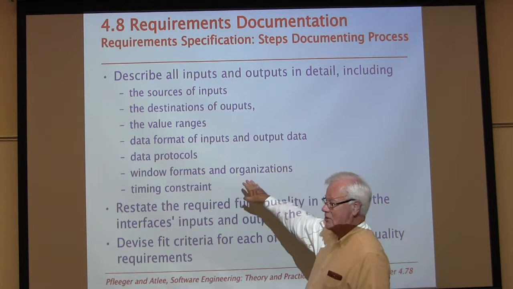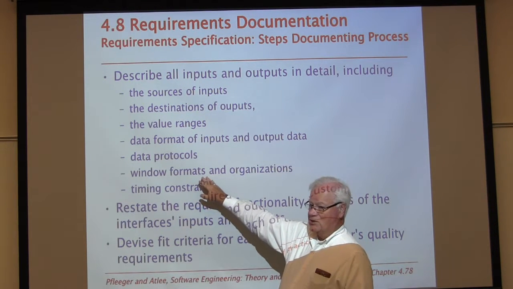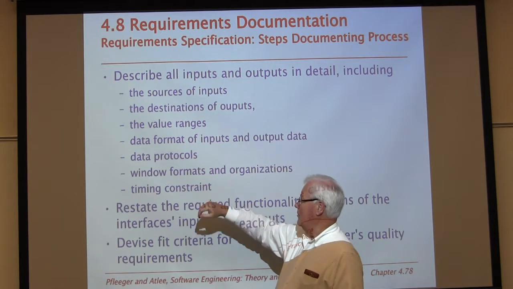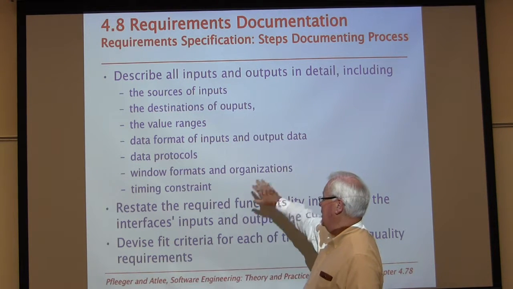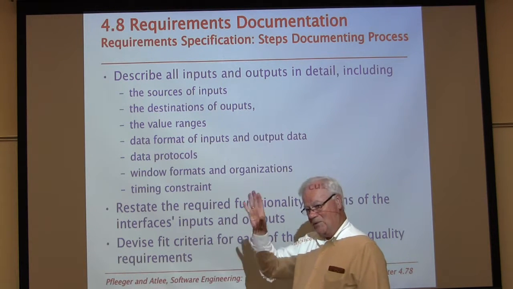The window formats should be straightened out within the prototyping that we're doing, but we want to make sure we know what they are and how we're going to organize the windows, which window comes after which when we build our tree.